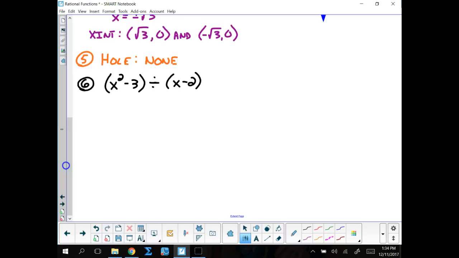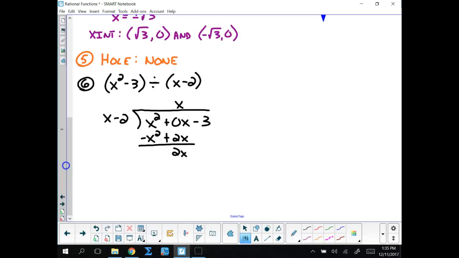If I do it the long division way, x minus 2 goes outside and x squared plus 0x minus 3 goes inside. I get x, multiply through to get x squared minus 2x, change the signs, get 2x, drop the next term, multiply by 2, get 2x minus 4, change the signs, and I get 1.